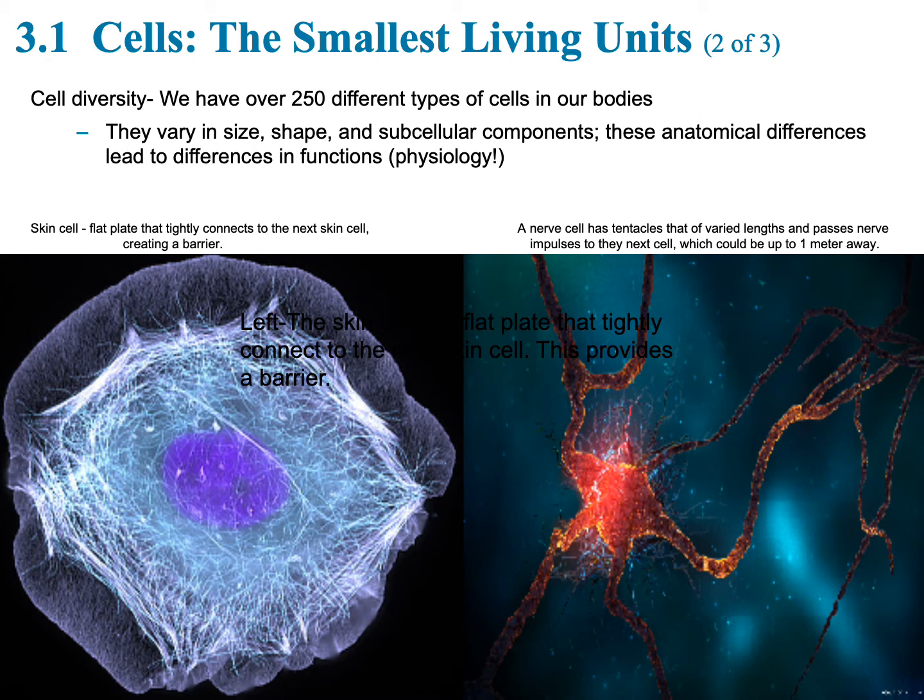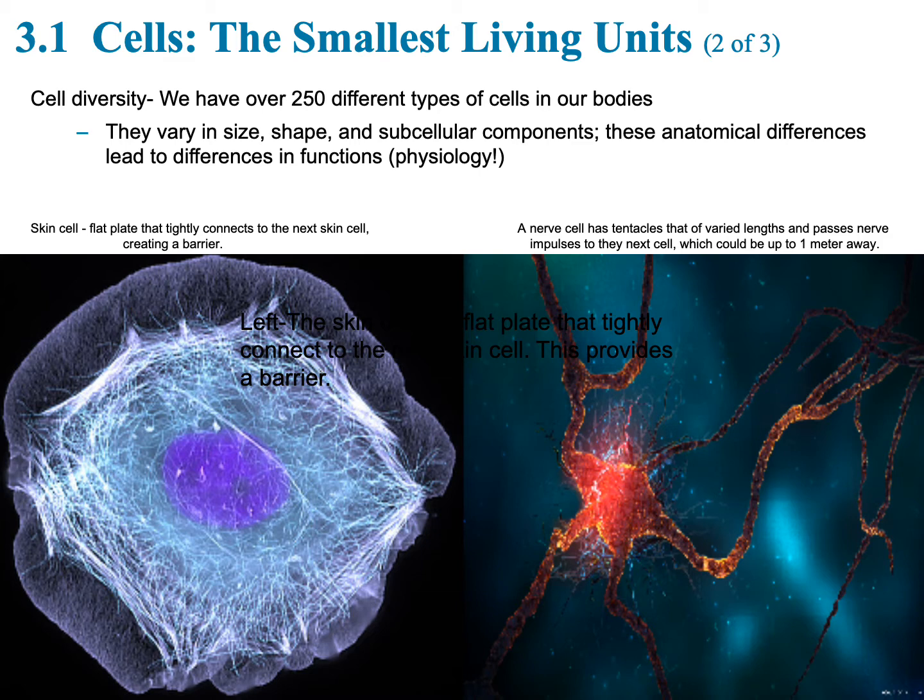As the smallest living unit, they are very, very different in appearance. So on the left, right there, we have a skin cell. On the right, that is a neuron.